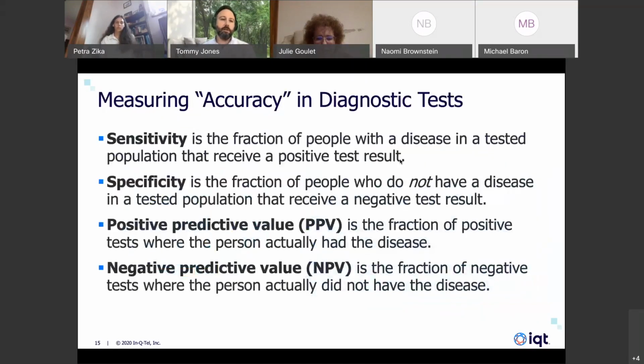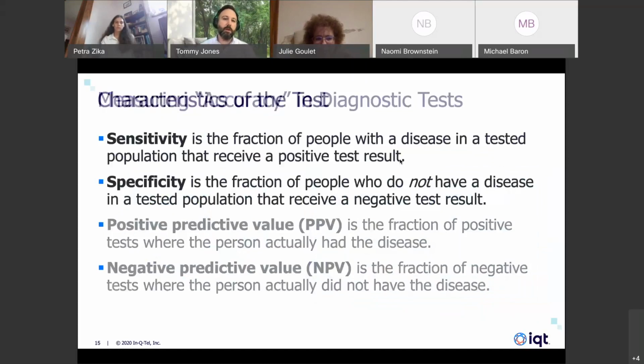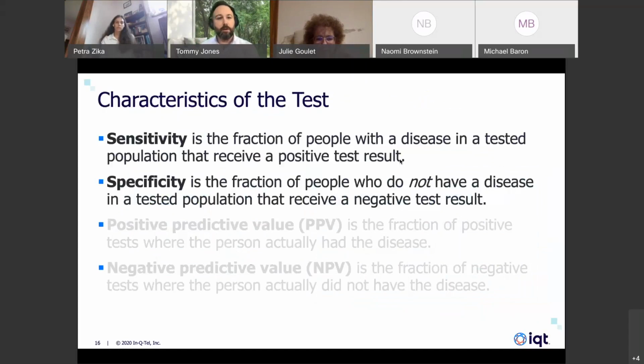So getting into the statistics, I think the first presenter covered these pretty well. Here's what I'll say, just to emphasize it. Sensitivity and specificity are calculated by the manufacturer when they do an experiment to submit to the FDA for EUA approval. Those are characteristics of the test.